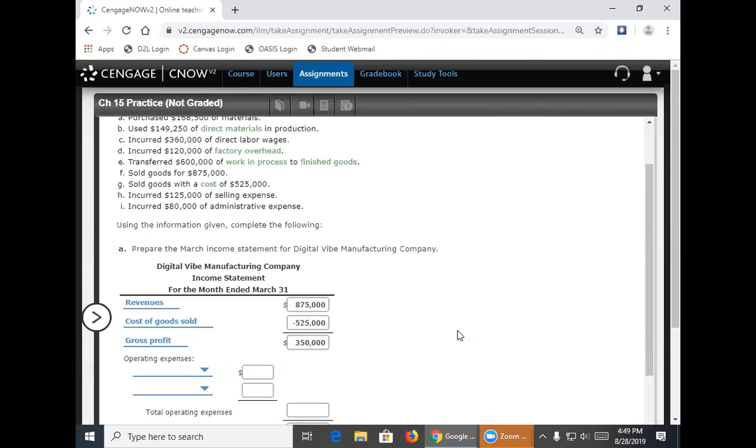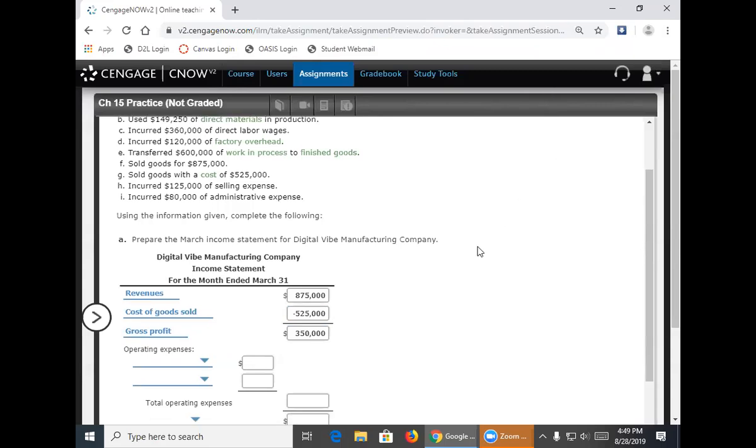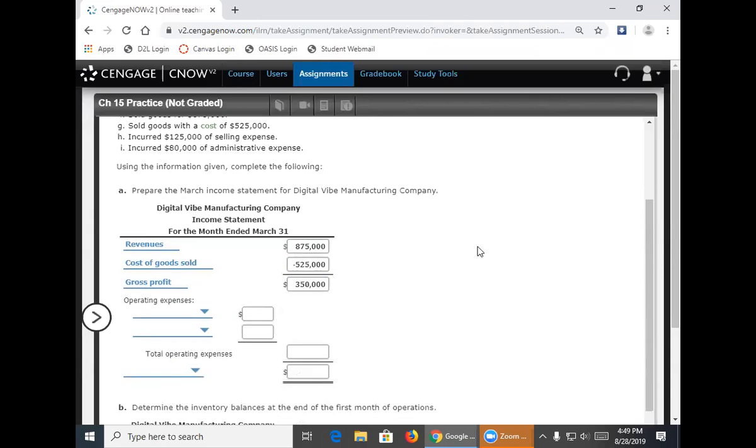Those are your cost of goods sold, or your product costs. We'll learn how to compute cost of goods sold in a little bit, because that's when you have to take all of your direct materials, labor, and overhead and then figure out how much was actually sold. And then operating expenses, you're just going to break those down into selling expenses and administrative expenses, which they list up here. As you can see, there's a lot of information we don't even really use when they give it to us in this format, but we will down at the bottom a little bit.